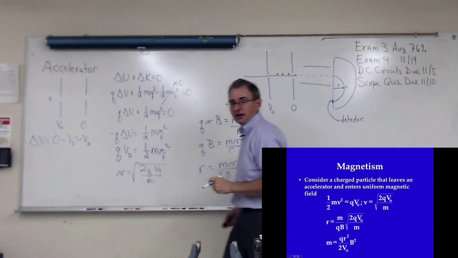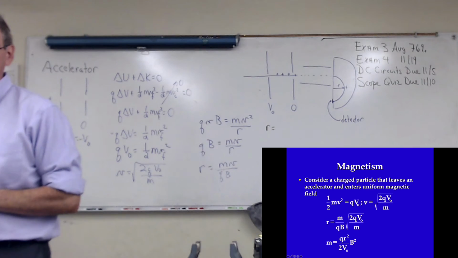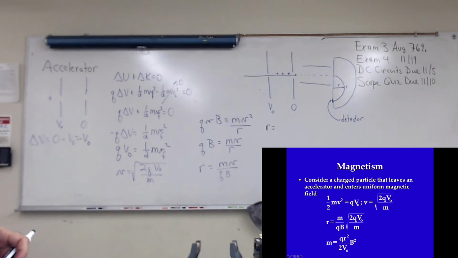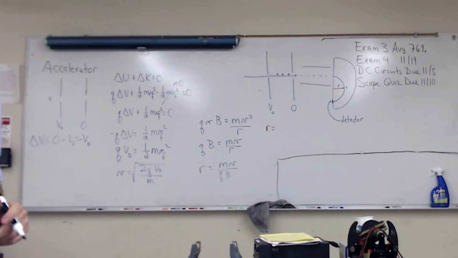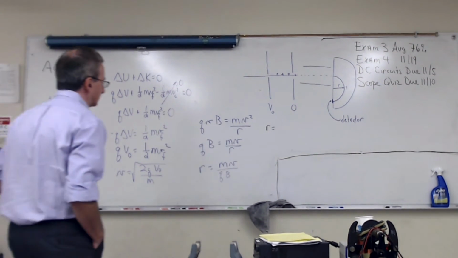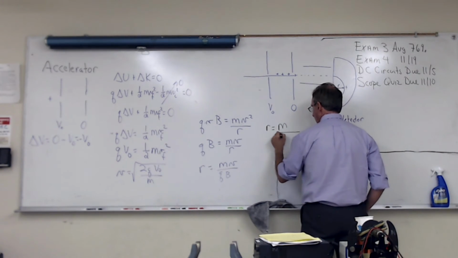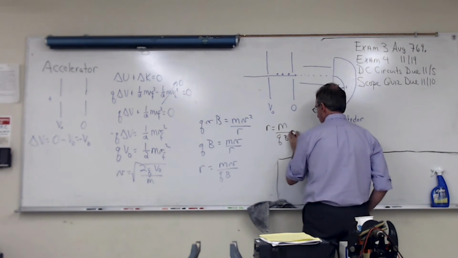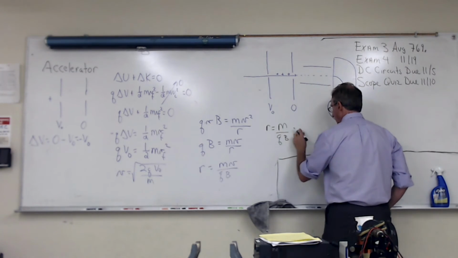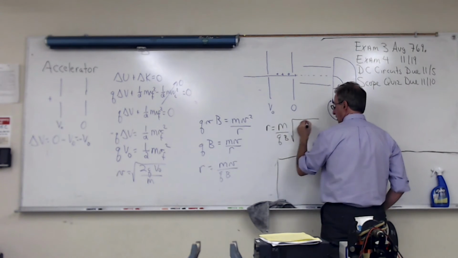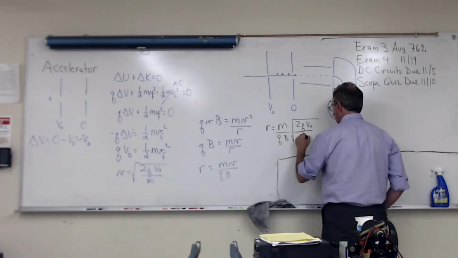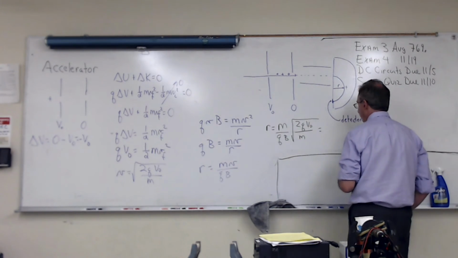So R, I'm going to get rid of the slide for a minute because it's getting in the way. Okay. So R is going to be M over QB times that thing. And I can simplify that.